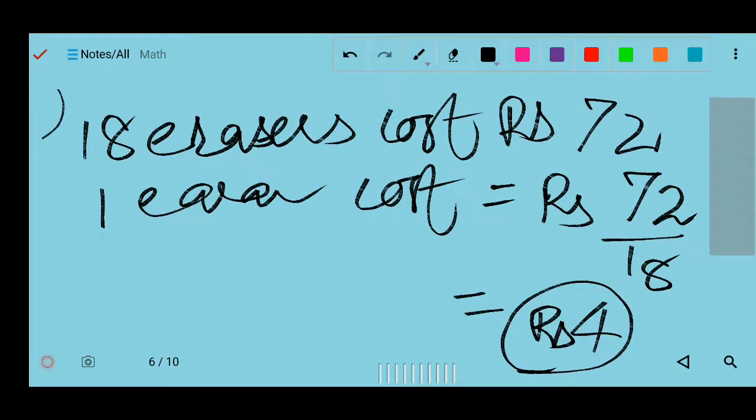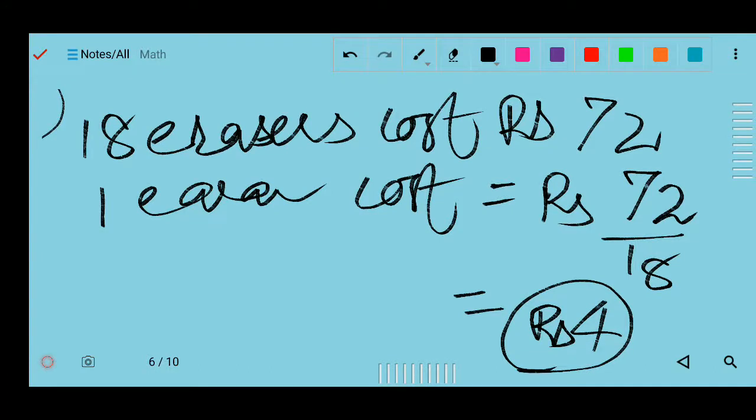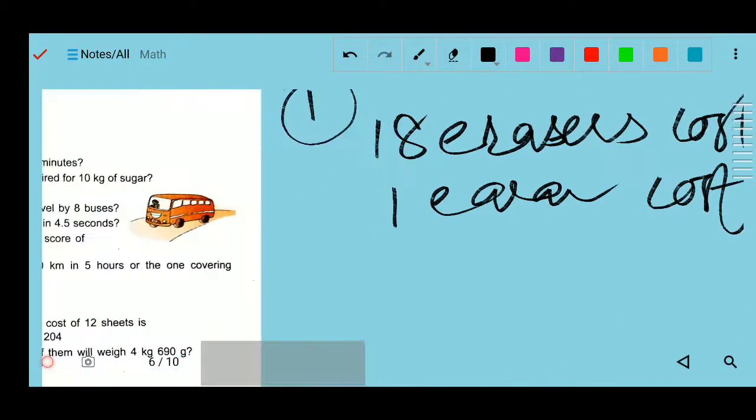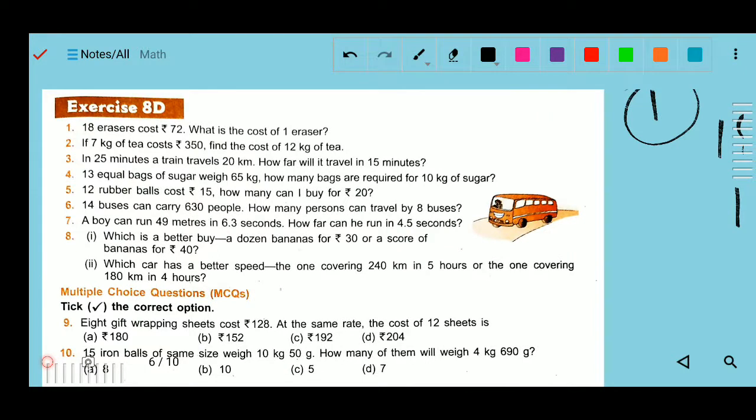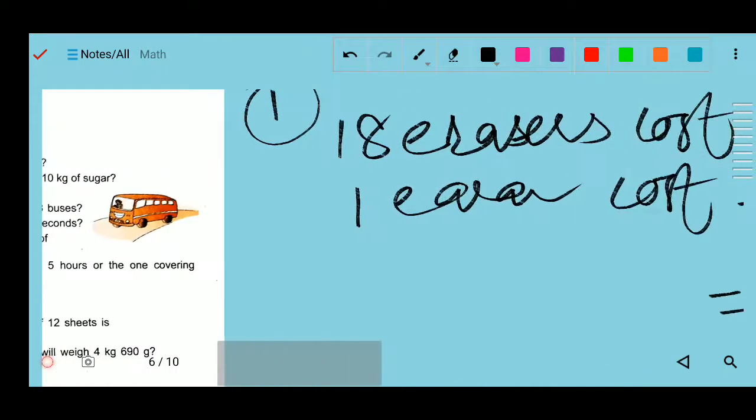Got it? Okay. Next, number 2: if 7 kg of tea costs rupees 350, find the cost of 12 kg of tea.